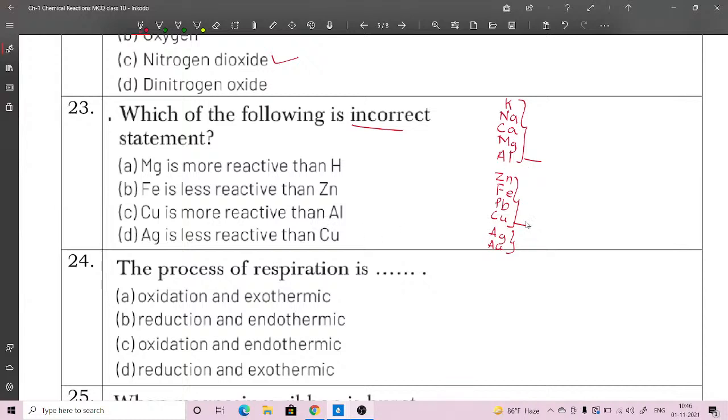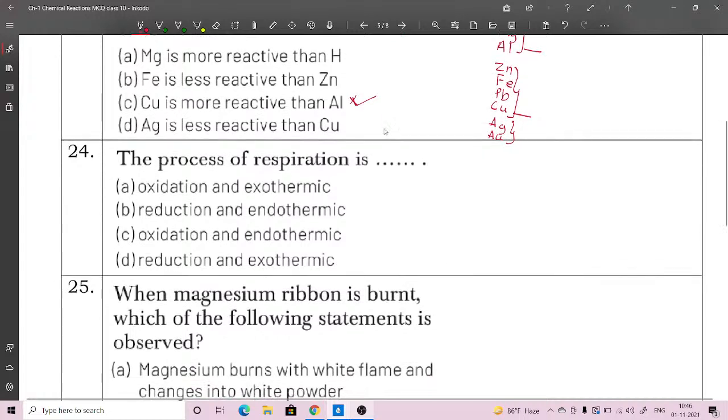No, aluminum is more reactive. That means this statement is incorrect. Silver is less reactive than copper. This is correct. So this is the correct option. For that particular question, you may get any examples from this series, so let us put a star for this question. You should know the reactivity series.